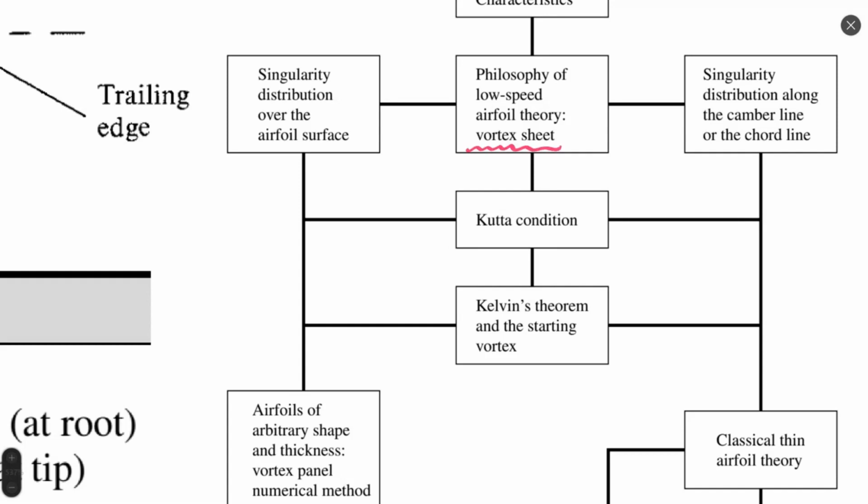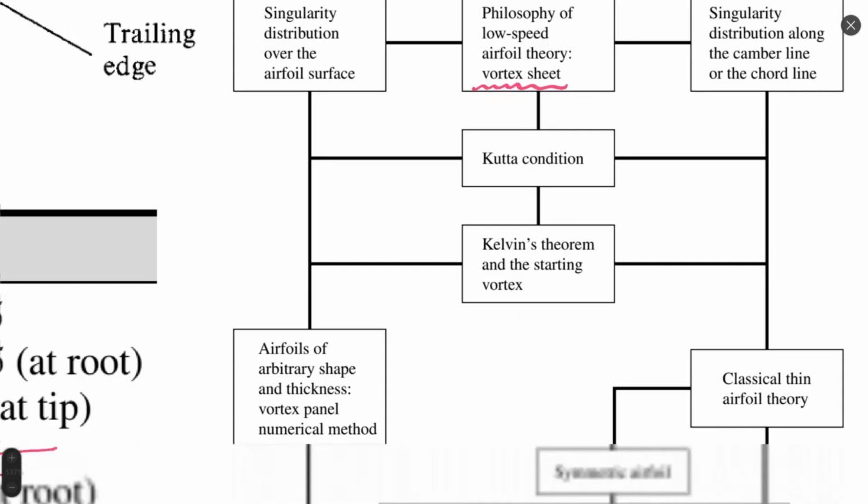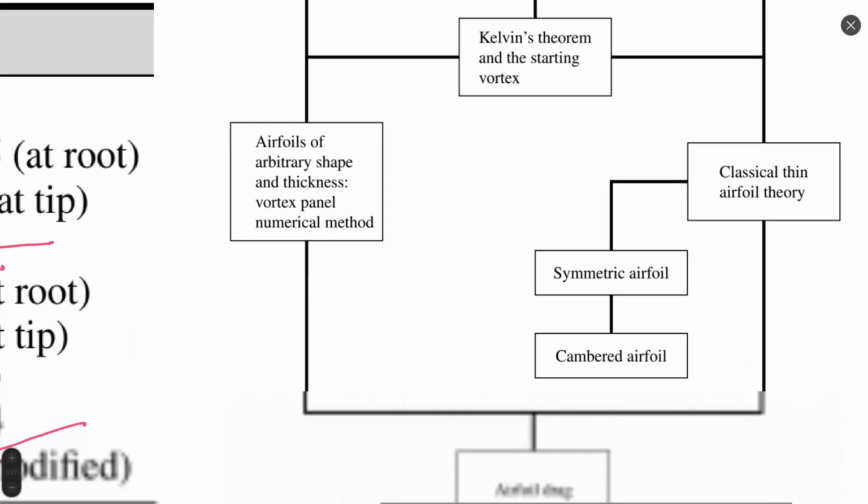It's a concept similar to the panel method, which we discussed in our previous lecture. But here, instead of sources or sinks distributed on a line, we will use a vortex distributed over the line.